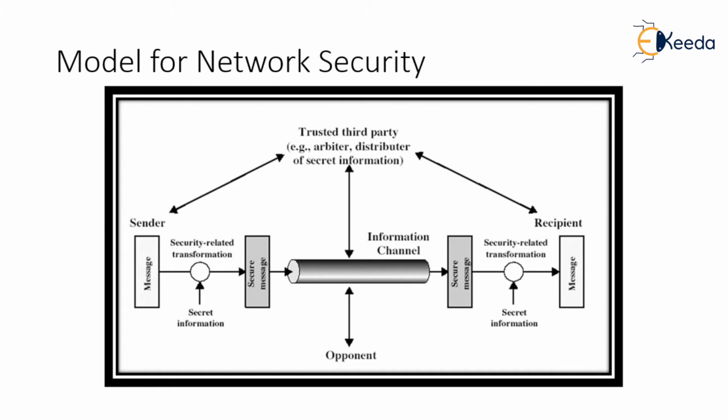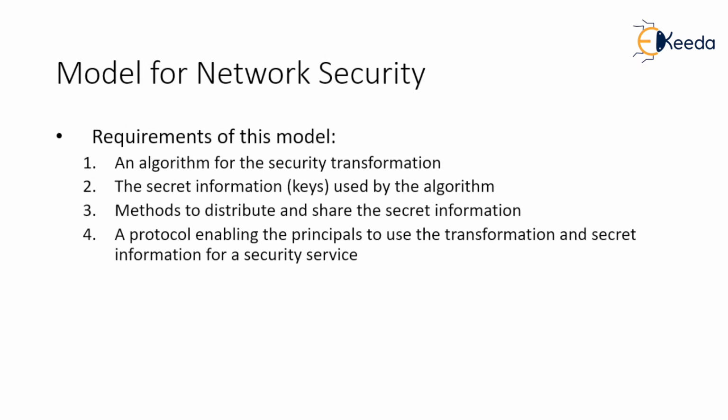The secret information is shared among both entities which are communicating with each other, and that secret information should be shared amongst both of them. So basically, this general model has some requirements which we will be seeing in the next slide.